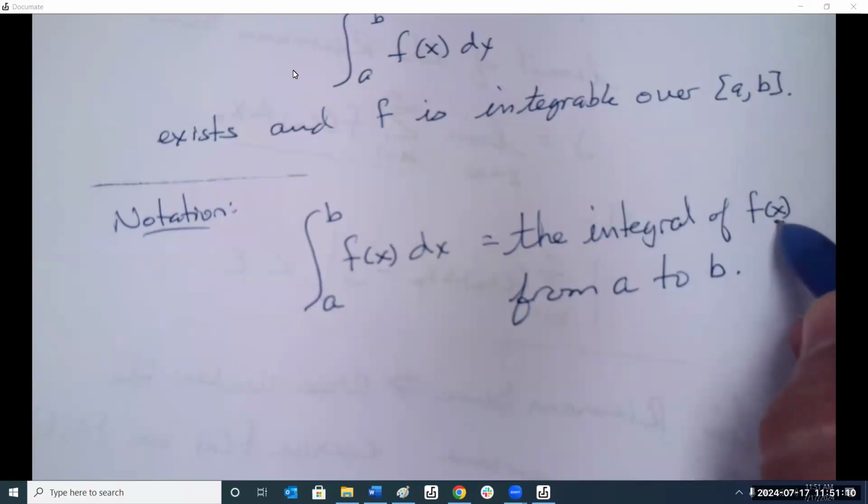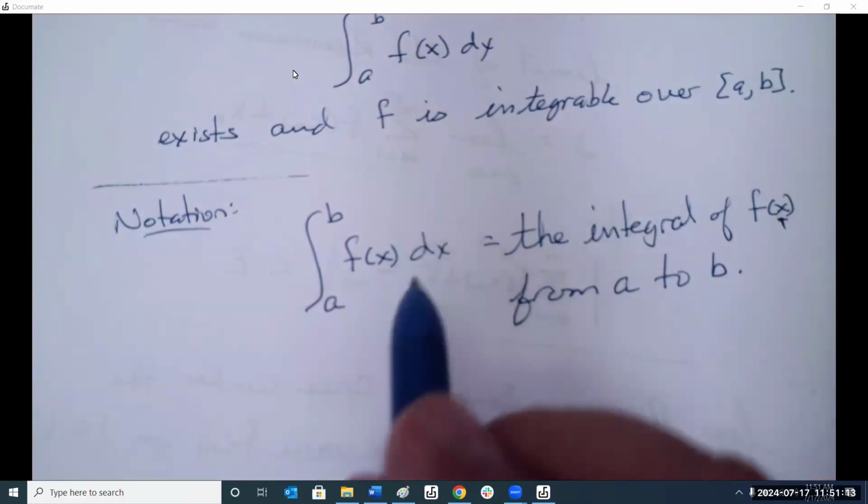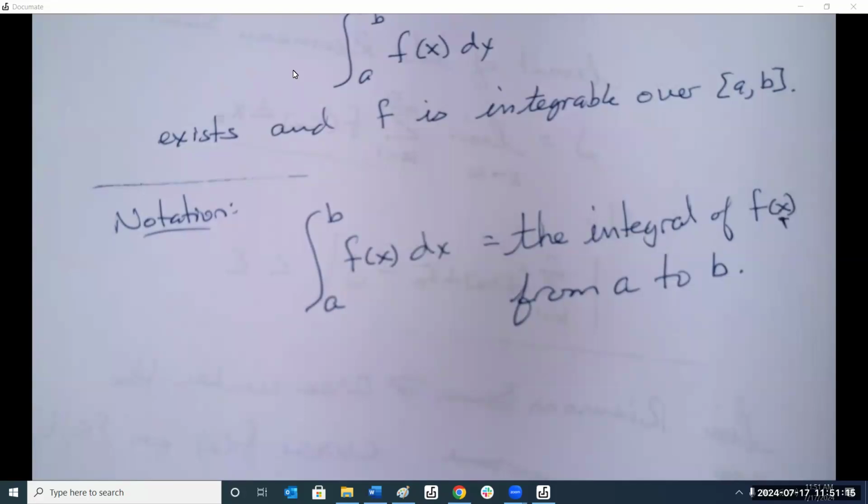Since it's of x, we automatically know it's integrable with the dx function.